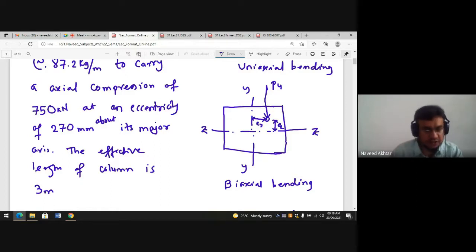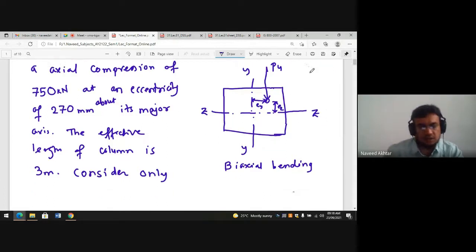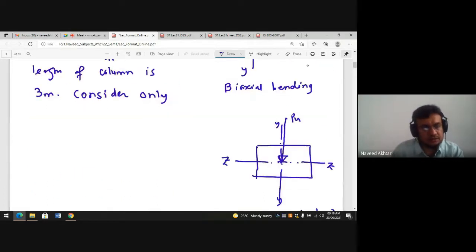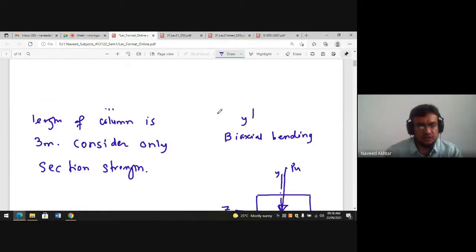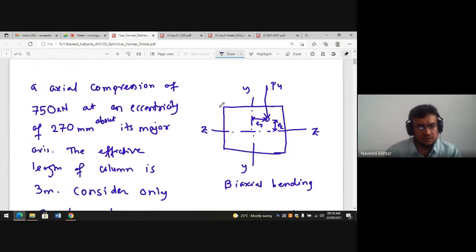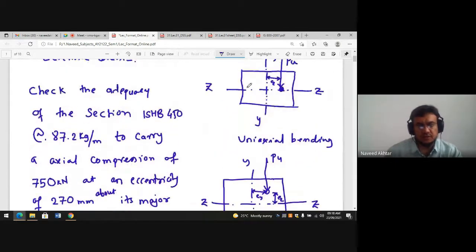Consider only section strength, so to check only the section strength. This is the example you have to solve.